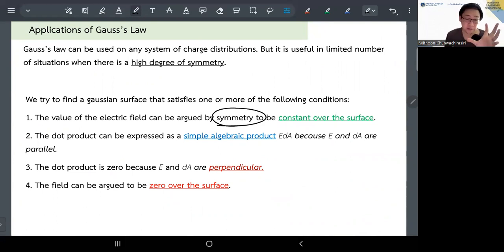When you apply the symmetry of the system and pick the surface to reflect that symmetry, it will make the electric field constant over the surface, as we saw. So that makes the calculation a lot easier. But anyway, that's just an idea. Let's go through the problem examples, which is much better than just reading you through this and you still don't have a clue what is going on.